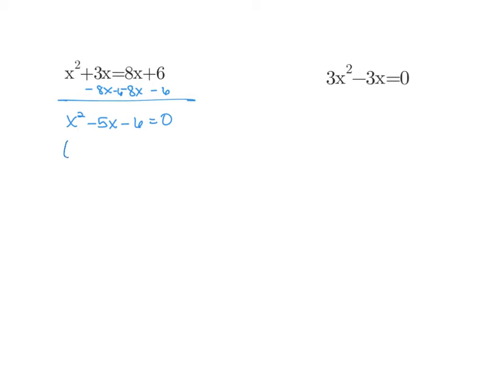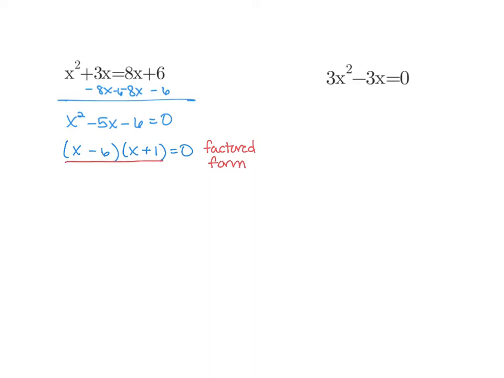To multiply to -6 but add to -5, I need to have a positive and a negative, and my numbers are going to be -6 and +1. So (x minus 6)(x plus 1) equals 0. What's important to remember is this is the factored form. When we see it in the parentheses, this is factored form.